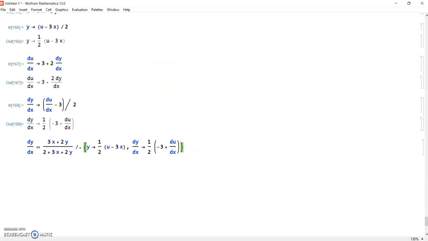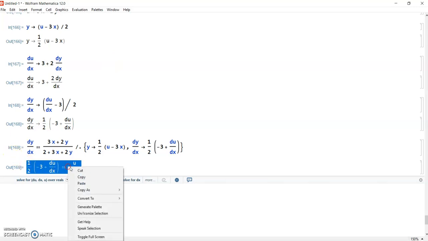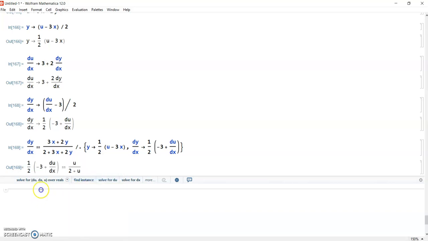I close the bracket, so I shift enter, and then I get this. So now I can take this output, and then now I can separate the variables.